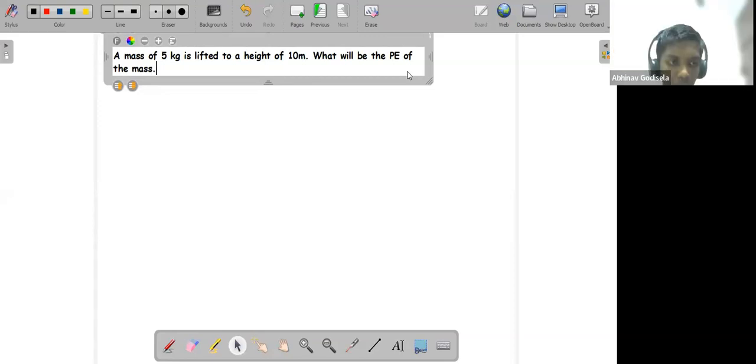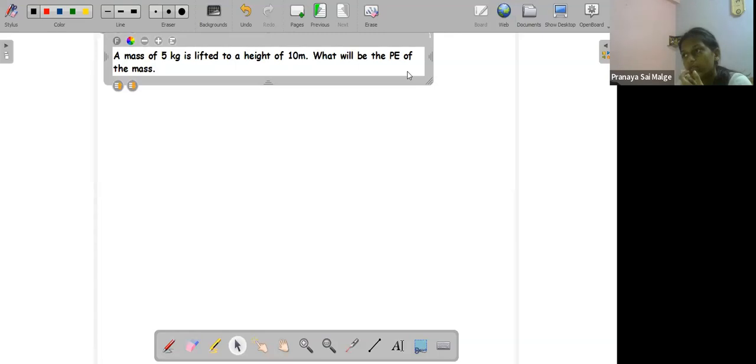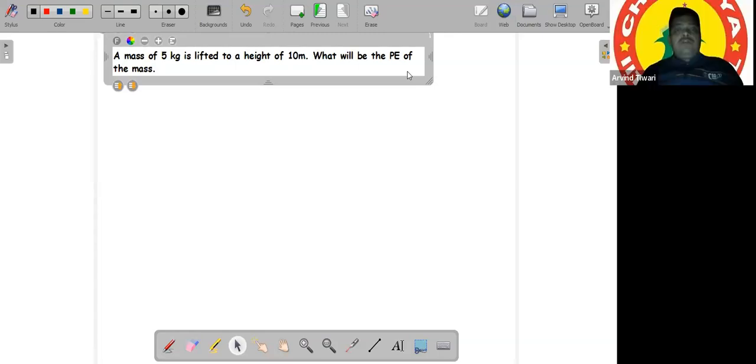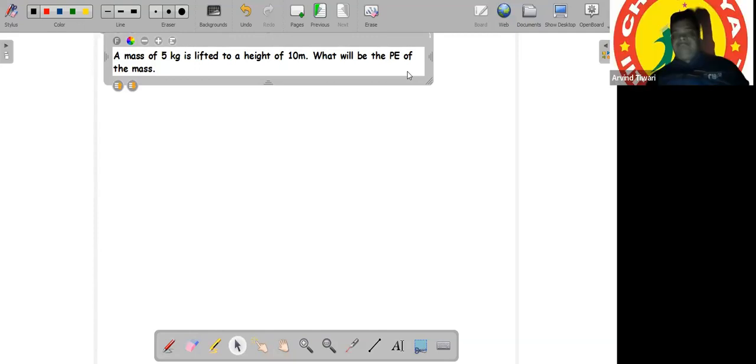Ma'am, can we take the gravitational acceleration as 10? No, we have to take it as 9.8. If it's not stated, we take it as 9.8 only. 490 Newton meter square. Newton meter square or Newton meter?